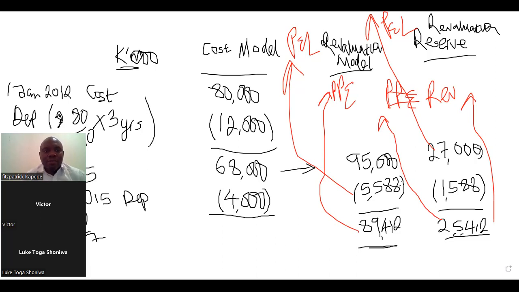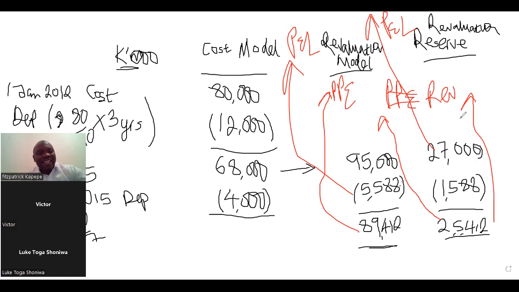The only figure that I'm thinking about is the 27,000. You say the 27,000 goes to expenses? It goes to P&L down there as a gain.